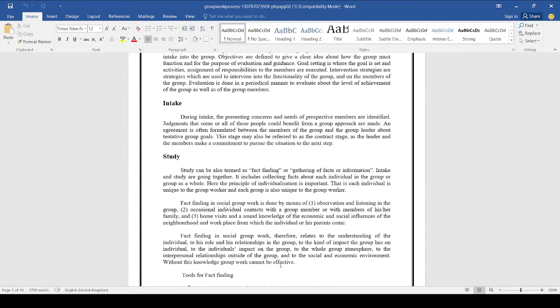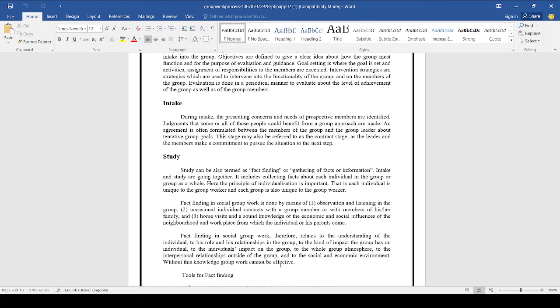so many facts, so much information we are collecting. Especially as a group worker, we are collecting so many facts about the individual members of the group. All the individual members are studied in detail by the group worker in this phase.